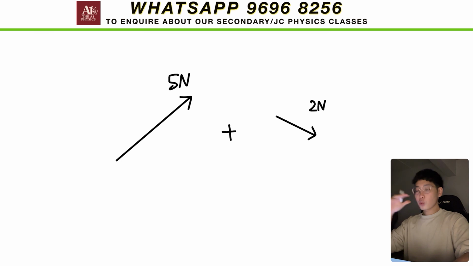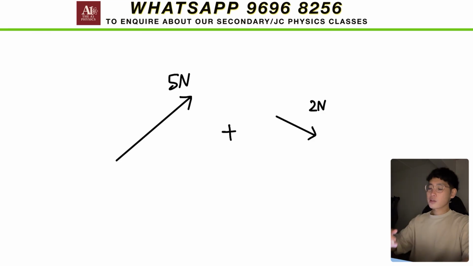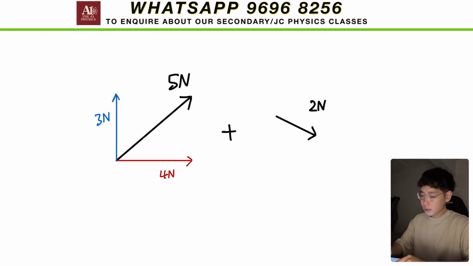Imagine we have two different forces and we want to find the resultant of these two forces. I'm going to resolve these forces into horizontal and vertical components. Let's say for this one, the horizontal component is 4 newtons and the vertical component is 3 newtons. For this one, the horizontal component is 1.5 newtons, and the vertical is 1 newton.